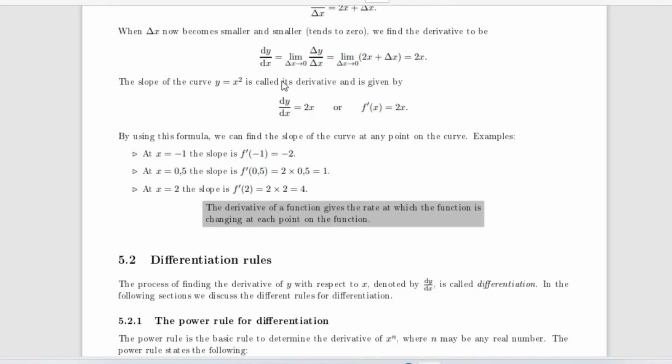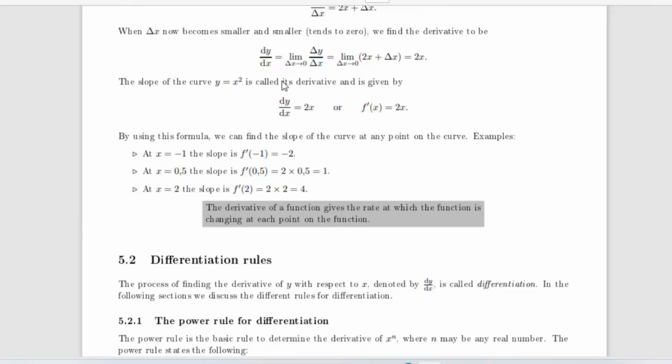How do we find the derivative? Let's say in this case we have y equals f of x, which equals x squared. In order to find the derivative of x squared, what is the power of x? The power is 2.